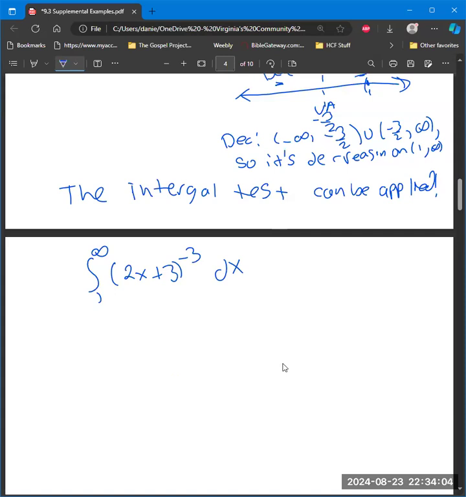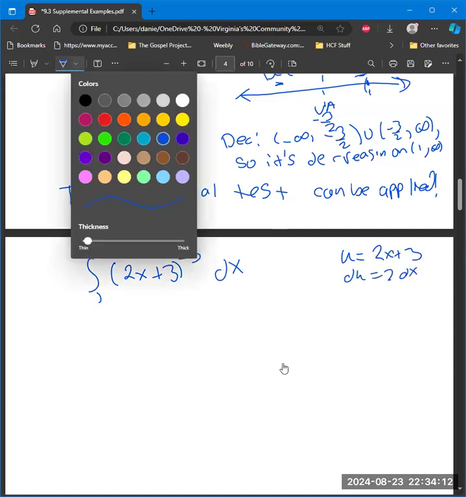It's going to be u equal to 2x + 3. du is 2 dx.